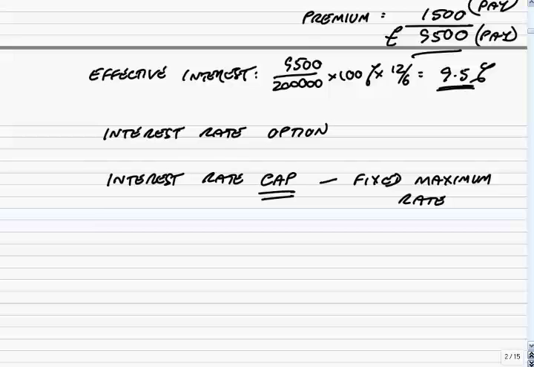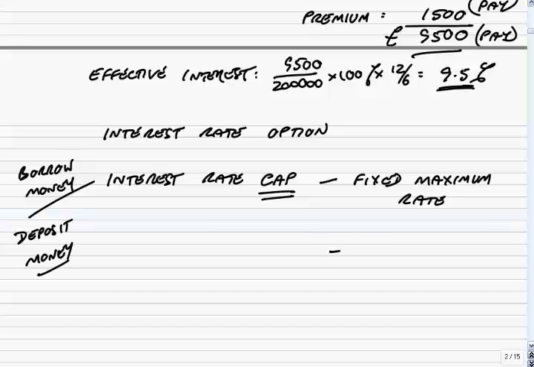While I'm on it, one other bit of terminology. I think you'd agree, certainly if you're borrowing money, that's what you'd be interested in, to limit the maximum rate. But equally, if you were depositing money and you're worried that interest rates may end up falling and you'll receive less interest, you'd want to fix a minimum rate.